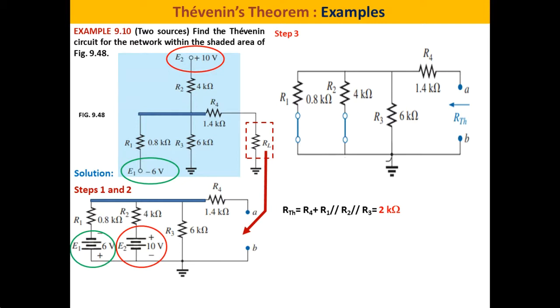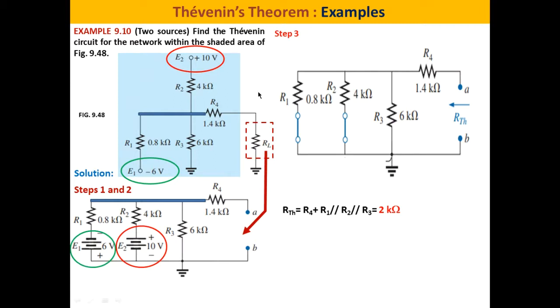The same for the resistor R2: from this point to ground there is a power supply, plus at this point and minus at the ground terminal. So we have E2 of 10 volts with this polarity and E1 of 6 volts with this polarity, all connected to ground. We have redrawn this circuit so that you can easily visualize and study it.